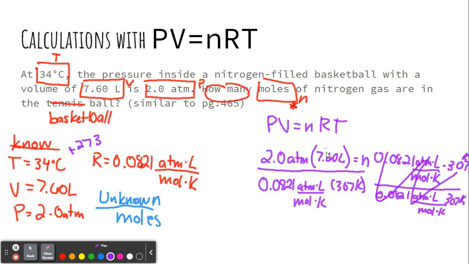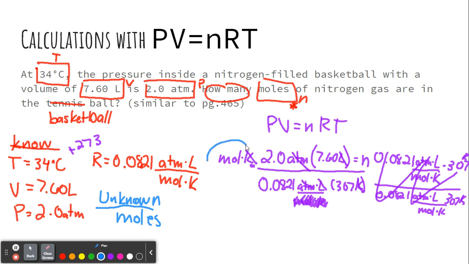All right. So we've got the liters canceling out here. We've got atmospheres canceling out here. Remember that when I have a compound fraction, what's on the bottom of the bottom is actually like multiplied by. So this is technically like being up here. So I shifted this. We're just going to take it out completely. Notice that the Kelvin cancels out, and that leaves moles is the only unit I have left.